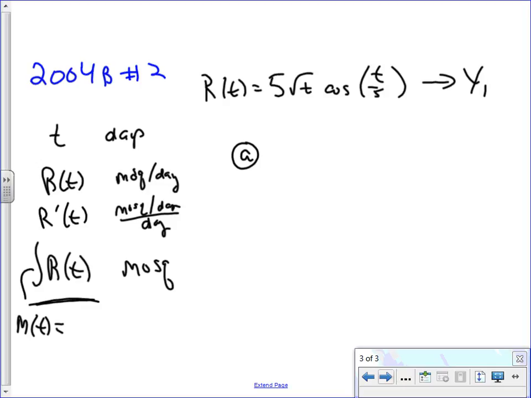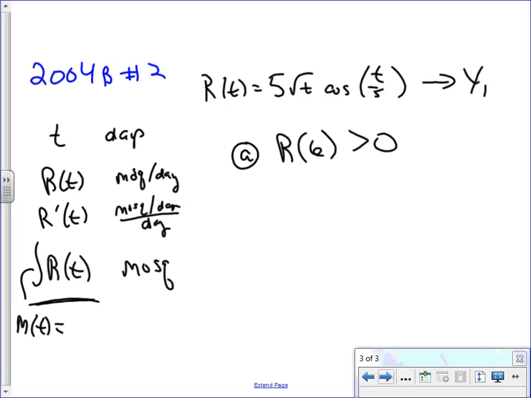R, the one they give you. Yes? So we need to know R of 6 should be positive. And so you can just do that on your calculator. Show what you get for R of 6. Now, what happened there is that they didn't give you a name of a function for number of mosquitoes. You had to recognize that this is the derivative of the number of mosquitoes.